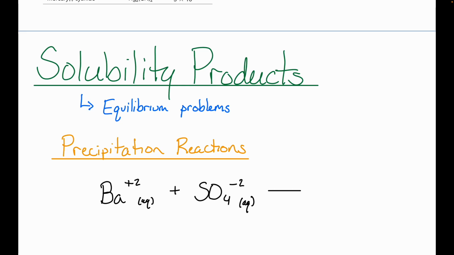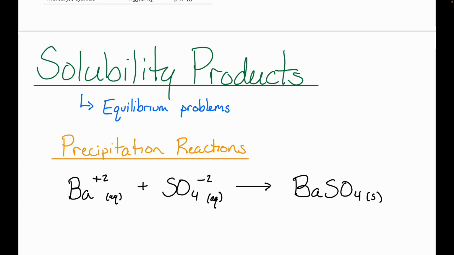And when these aqueous ions find one another in solution, they stick together and they form this solid barium sulfate product. Right? And you had these solubility tables that help to predict whether or not a solid product was formed, whether or not an ionic compound was soluble or insoluble.